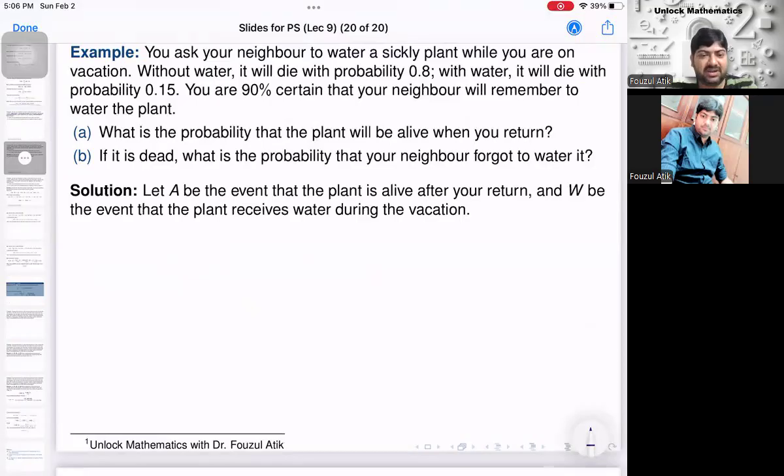So some event we can create, which is the event W, and W complement will make up the whole sample space. A is another event, that the plant is alive after your return. So we have to get the probability of the event A with the help of the event W, right? So how can we do it? Think of it a little bit, all of you.